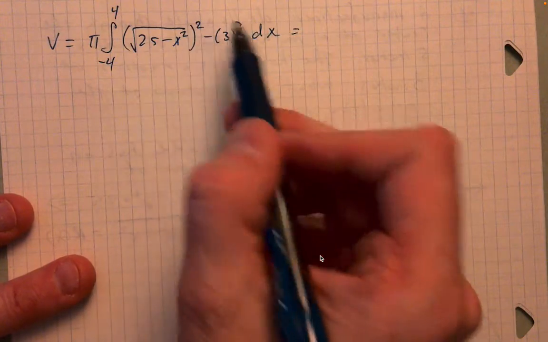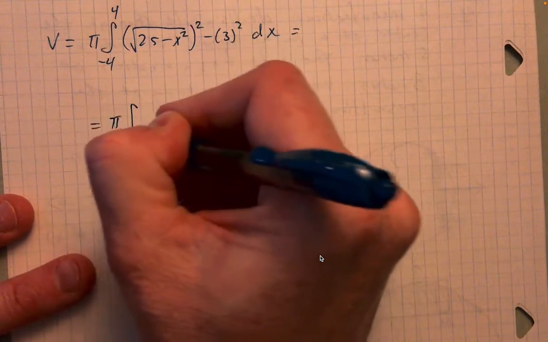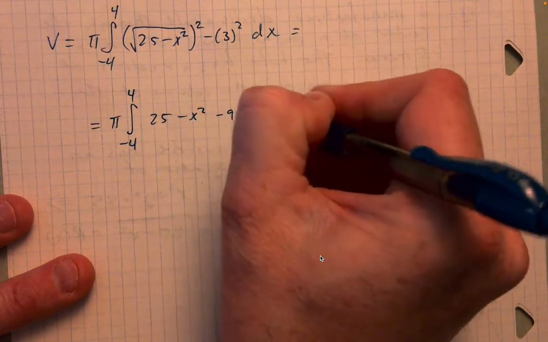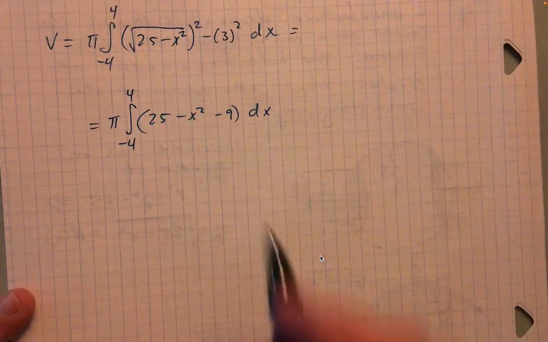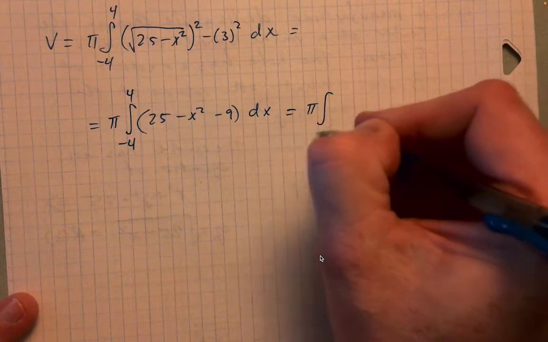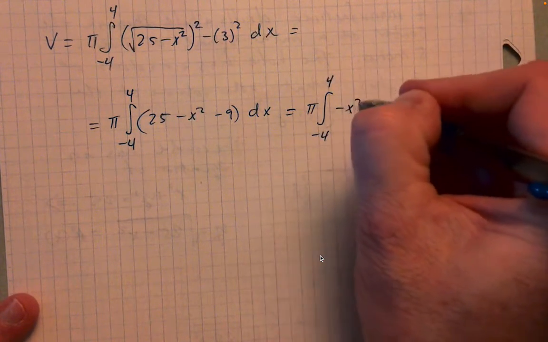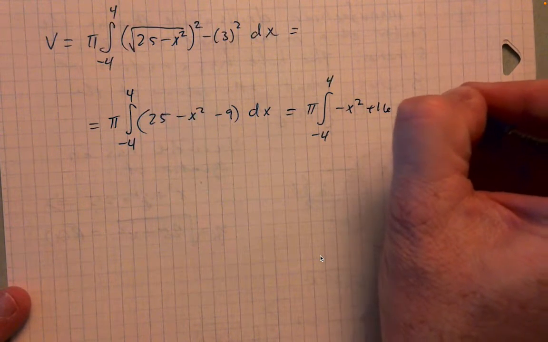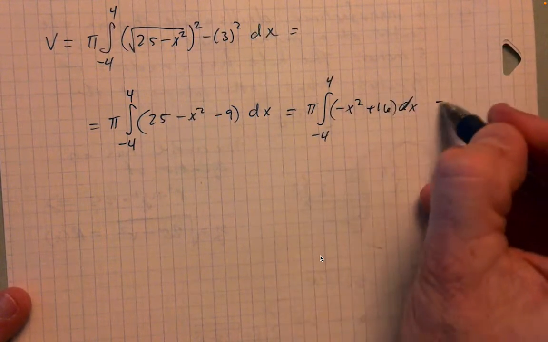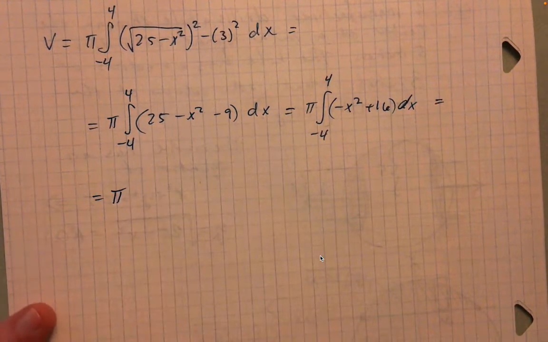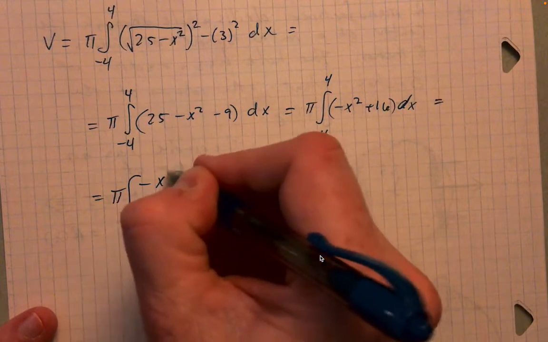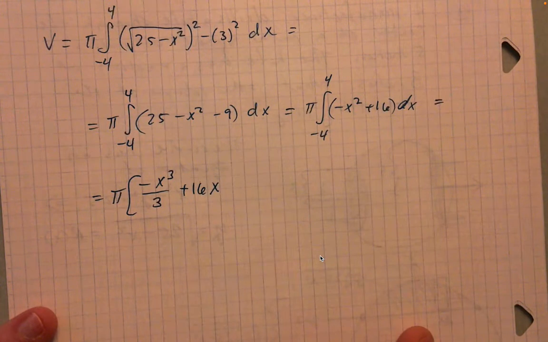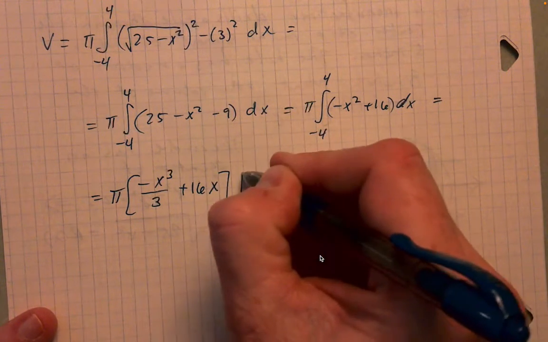And so obviously the square root and the square go away, so it's pi times the integral from negative 4 to 4 of 25 minus x squared minus 9, like that. 25 minus 9, right? We do that, and we get negative x squared. And what is 25 minus 9? Well, we just did it, 16. Okay, then we can integrate this, and we get negative x cubed over 3 plus 16x. Okay, and that goes from negative 4 up to positive 4.